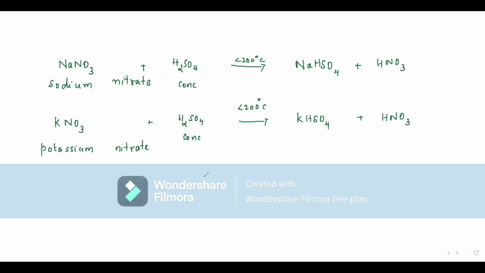Now, in all the four equations, you have noticed that the reaction temperature is around 200 degrees Celsius. But sulfuric acid, because its boiling point is 338 degrees, will not interfere in the reaction. I mean, the vapors will not come out along with the other products. So these are the four equations as per our syllabus that we need to study to prove that concentrated sulfuric acid is a non-volatile acid.